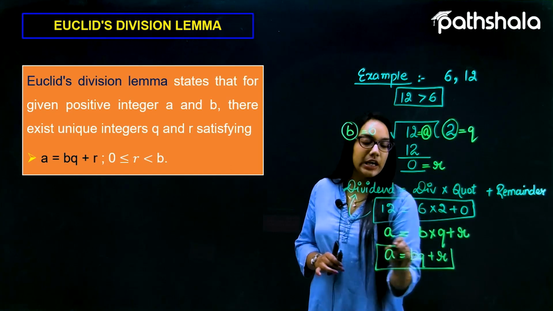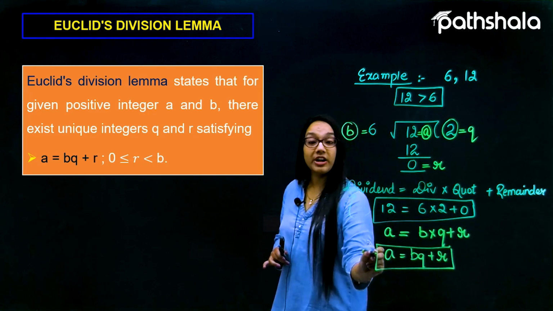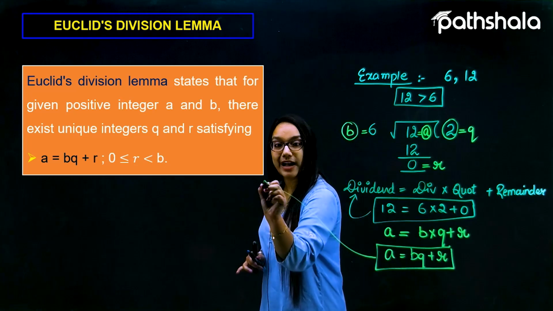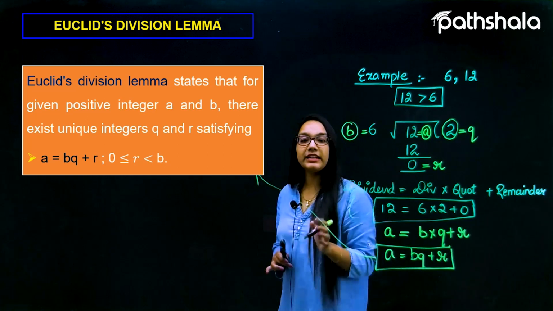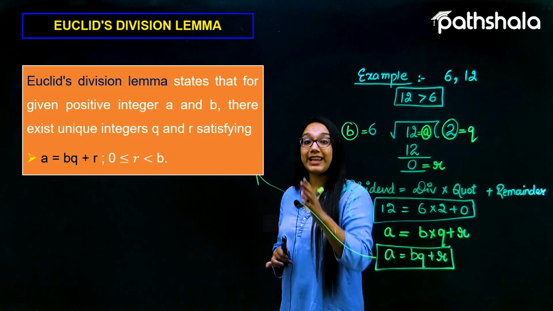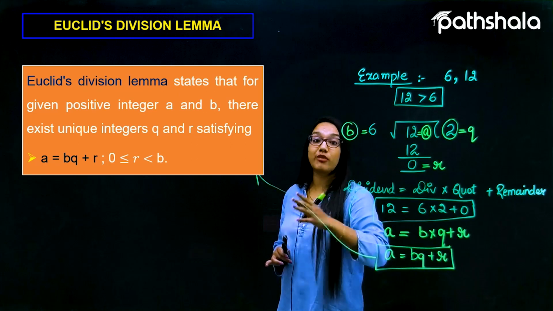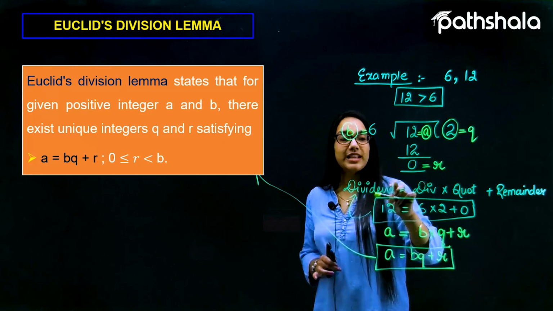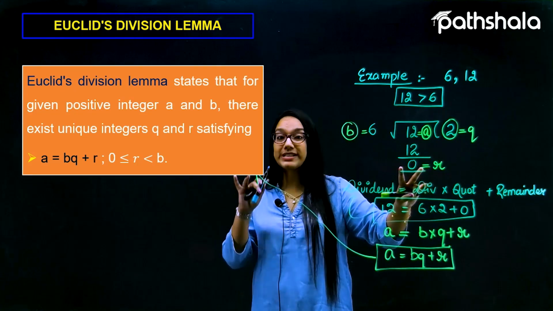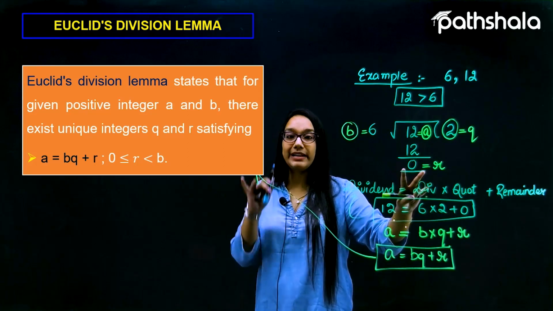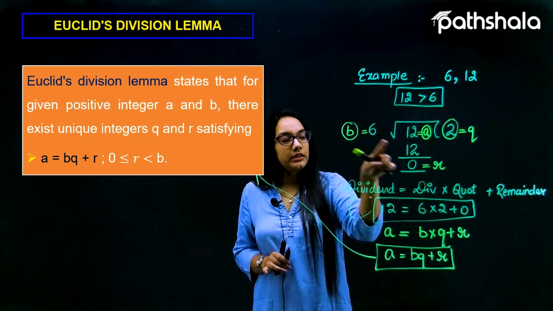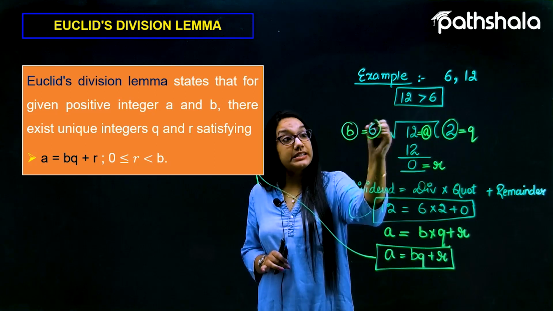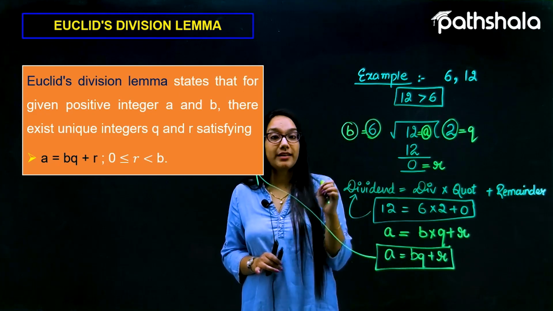This is the same relationship as in the definition of Euclid's division lemma, that a is equal to bq plus r, where the remainder r should always lie between 0 and b, meaning the remainder should always be less than b.